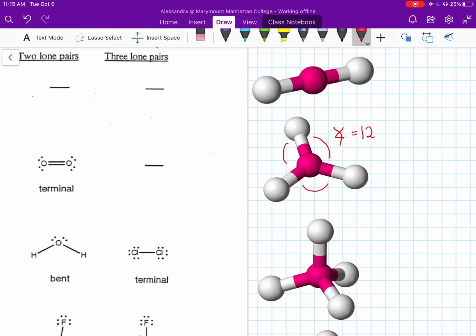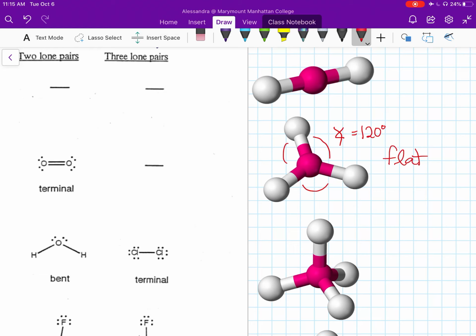So this is trigonal planar. Planar means flat. So the molecule is actually flat, and it's trigonal because you kind of have the 3 terminal atoms pointing to the points of a triangle. They want to be 120 degrees apart from each other because that's as far apart as they can be from each other in 3-dimensional space.